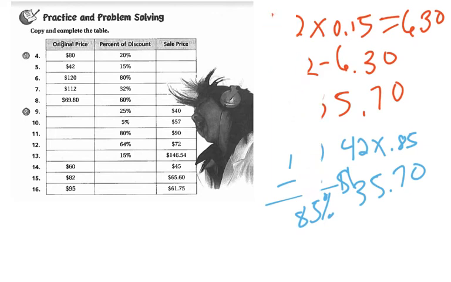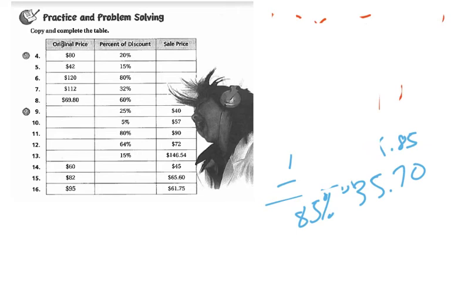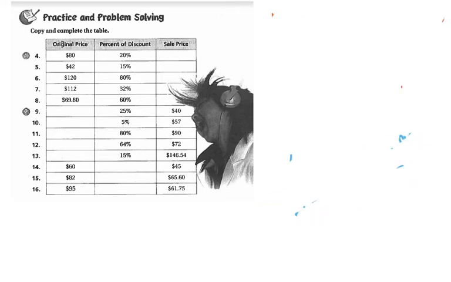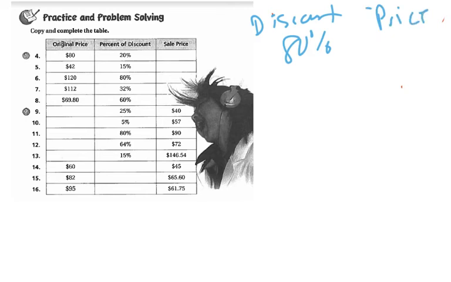I'm going to hop down to, let's go to number 11. So if I know that the percent discount is 80%, and the sale price, let me write that a little better, the sale price is $90.